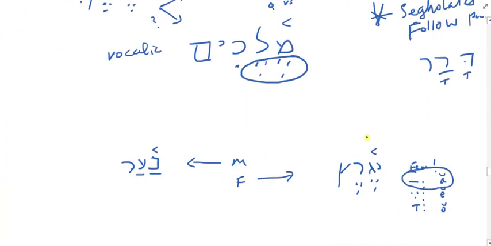Let's take the word na'ar. That was boy. I want to make it plural. What gender is na'ar? It's masculine. So what am I going to add to the resh to make it masculine plural? Got to add im. Can I keep the stress on the first syllable once I add this vocalic im ending? No, it's going to surrender its stress to the back. So I'm going to put that in parentheses.